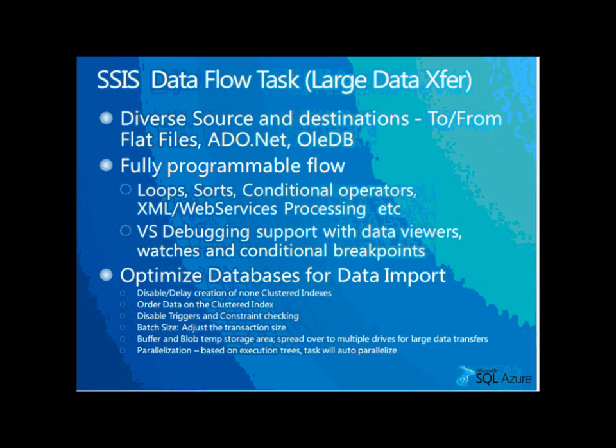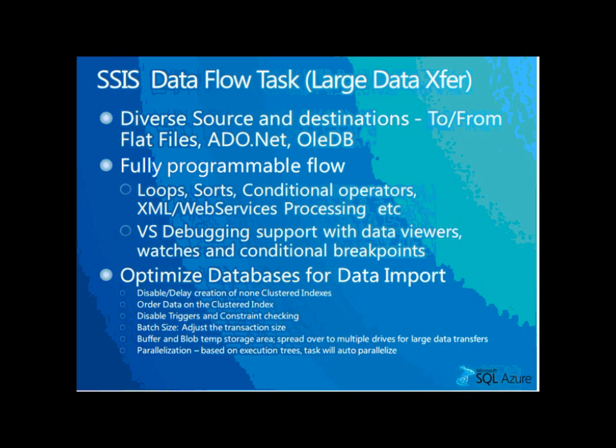Again, some of the things that we heard in the last slide are good practice here. Disable and delay creation of non-clustered indexes, looks like somebody corrected this for me. Order data on the clustered index. You want to disable constraints and triggers, and you want to adjust the transaction batch size.